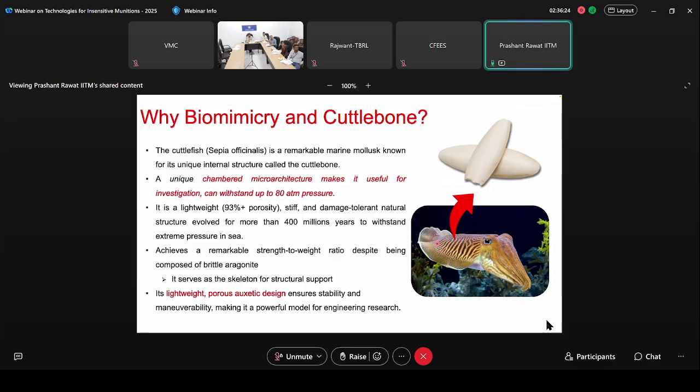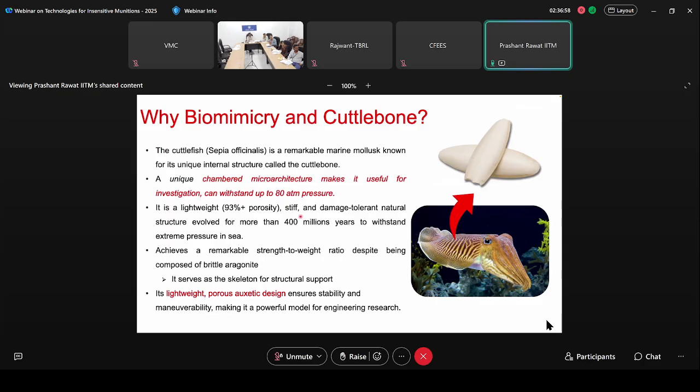Cuttlefish is a very unique fish which carries a bone in its body as a spine, and it has very unique features in terms of withstanding very high pressure up to 600 meters of depth in the sea. We have studied and investigated the characteristics of this bone. We have found the porosity level is very high, it is stiff, and it has evolved to withstand very high impact compression as well as blast kind of situations.